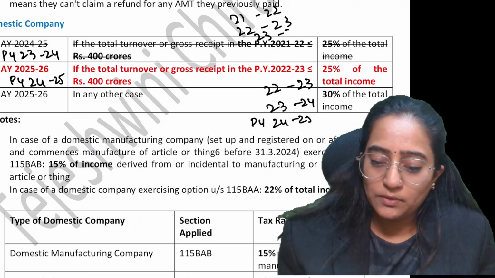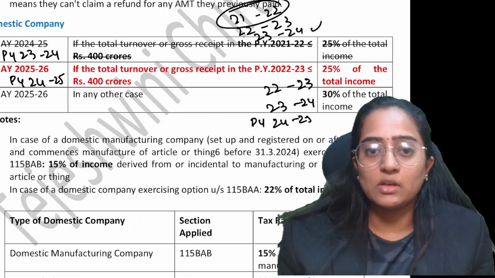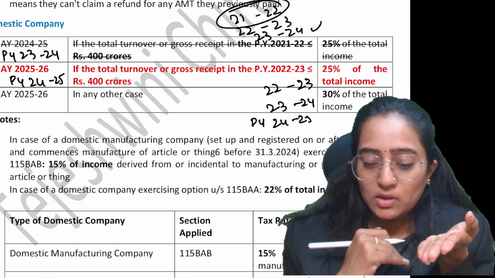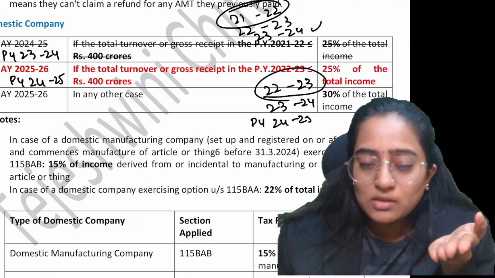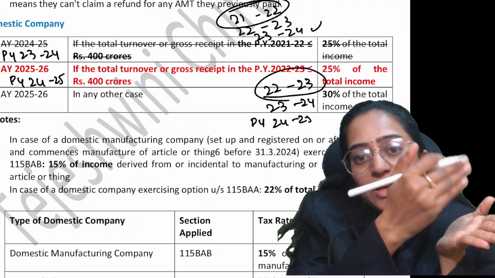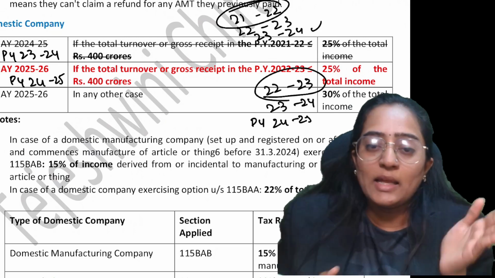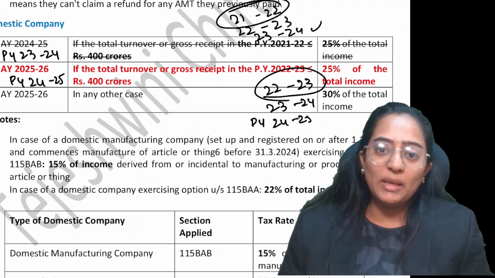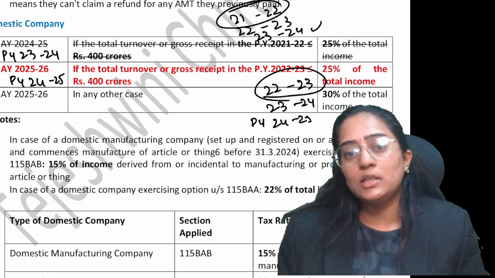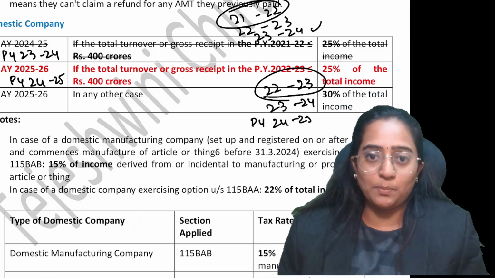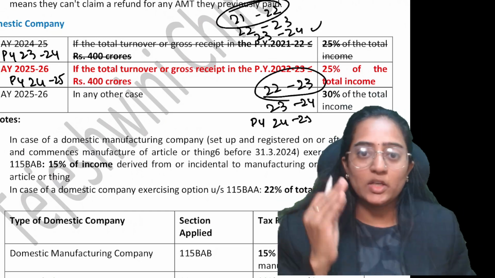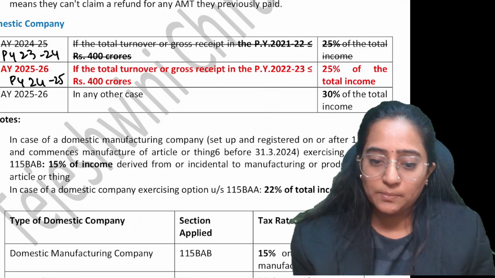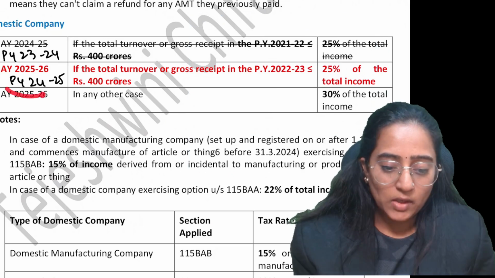Correct? Every year this amendment happens and you have to go backward and catch the last, immediately preceding previous year. That is the PY 22-23 you are going to take, and whatever points you have seen here are nothing but for PY 24-25.